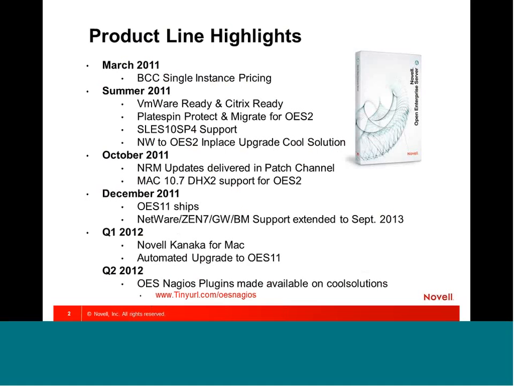So first of all, I just wanted to go through some of the highlights that have happened with Open Enterprise Server in the last year or so. In March, we made our Business Continuity Clustering, which is a full, top-of-the-line disaster recovery solution built on Novell Cluster Services that allows you to have a cluster of clusters.